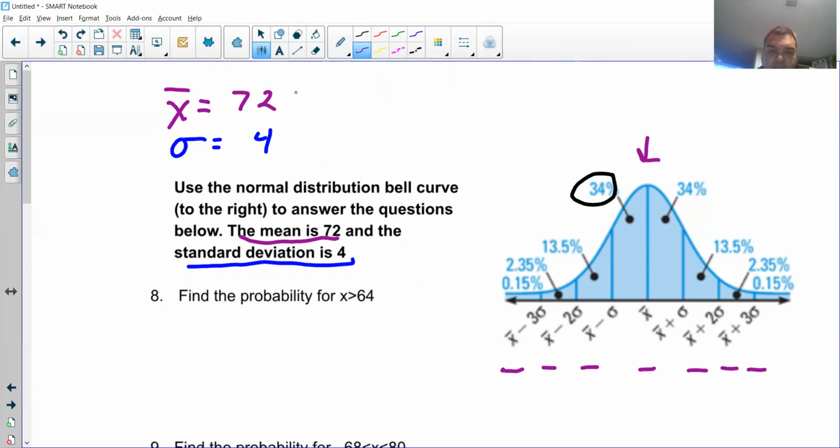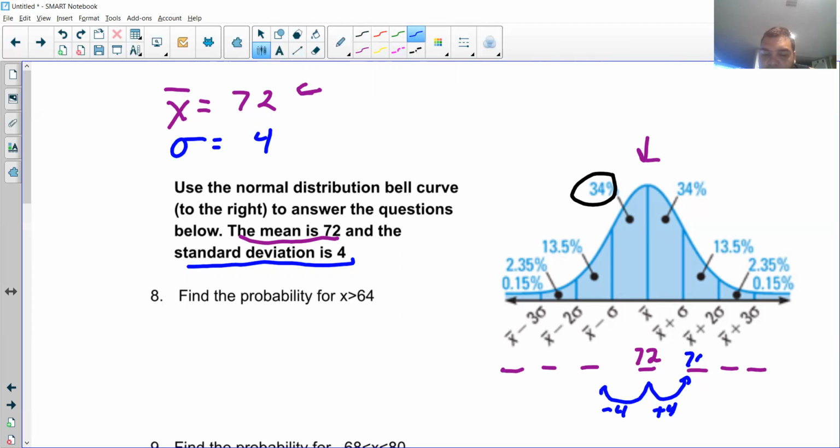If the mean is 72, that means in the middle is 72. You're just going to be consistent, very straightforward. Now this sigma tells me when I go to the right, add 4, and if I go to the left, minus 4. So we're going to fill this in.